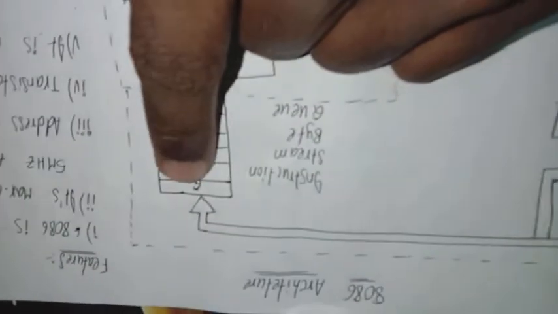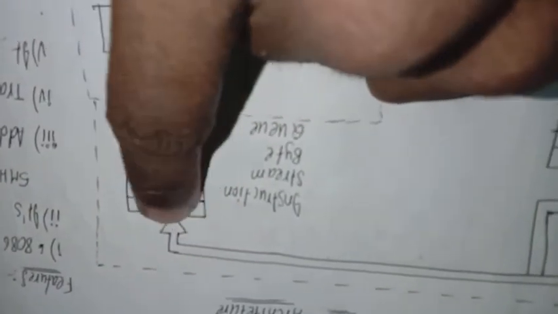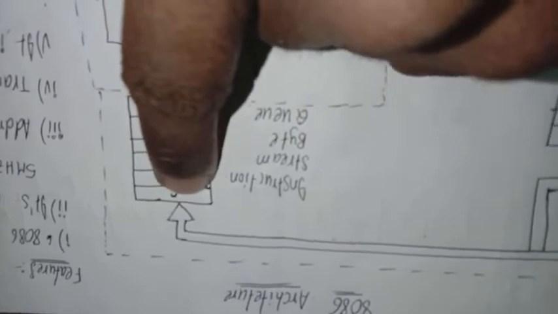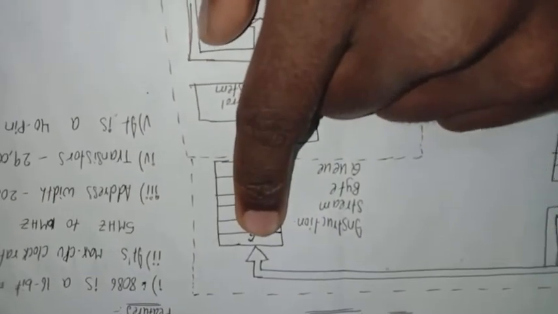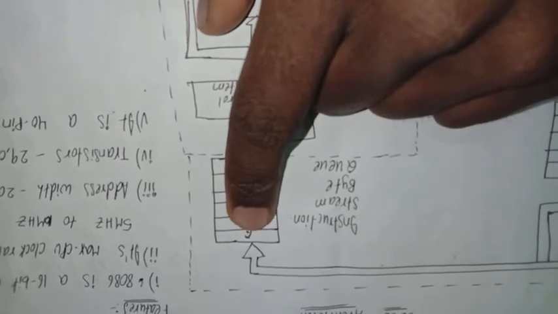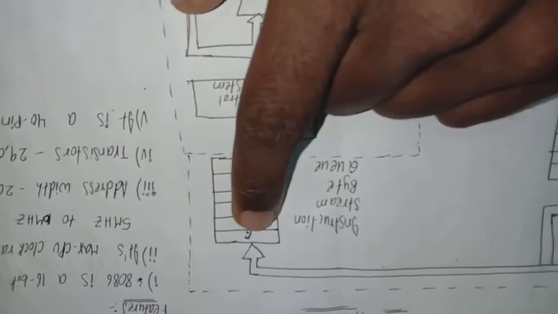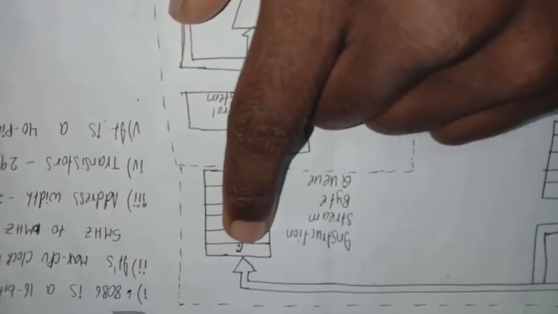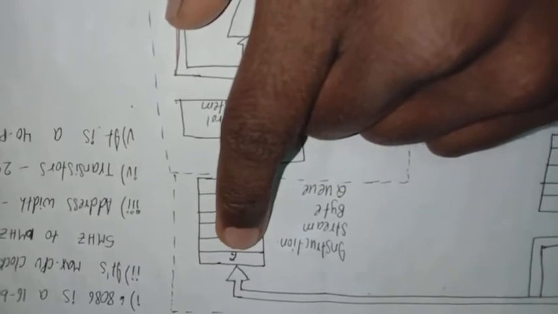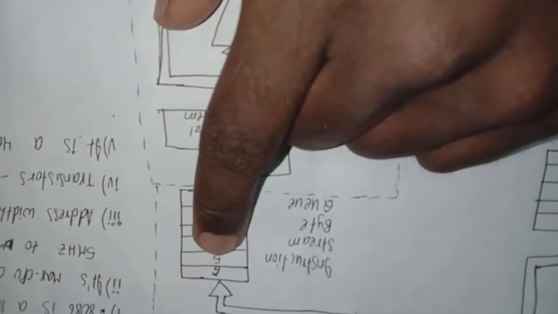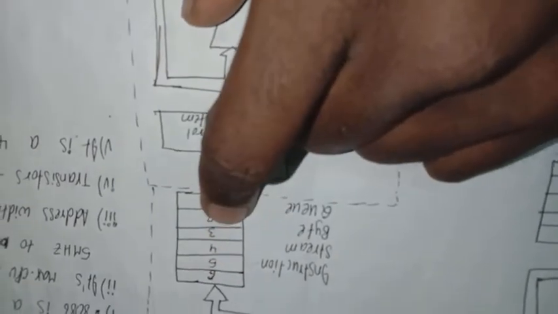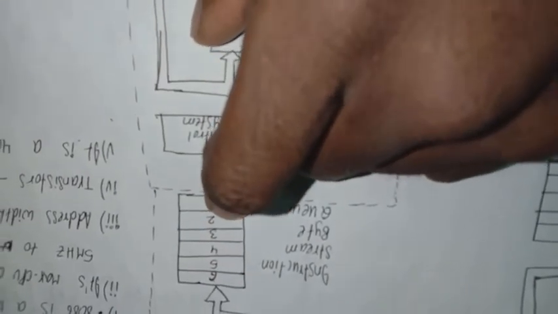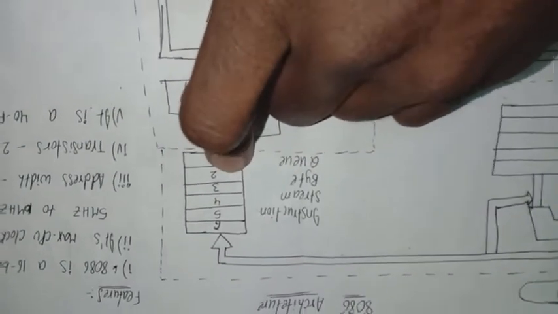You can see here why only 6 bytes are used in this construction of the 8086, because there is no instruction which is more than 6 bytes of data. So they have constructed 6 bytes so that it can allow one full instruction at maximum.